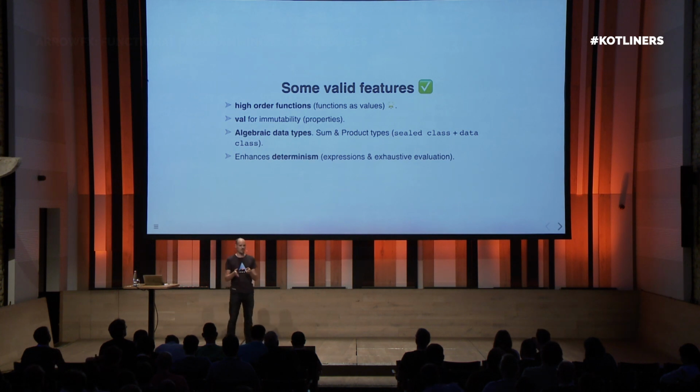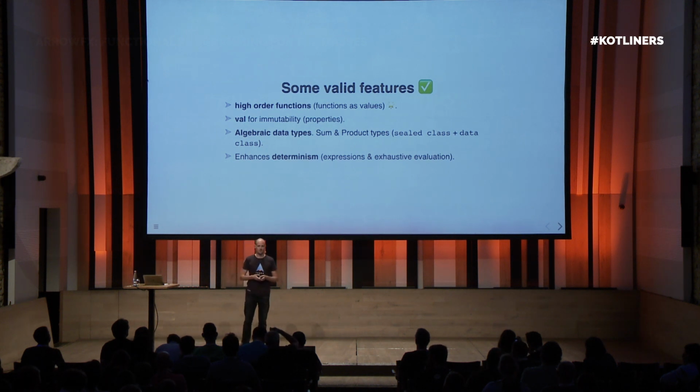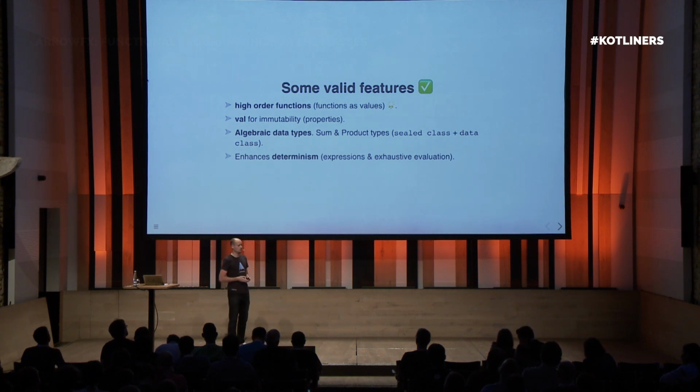The sealed class would be a sum type because it's this scenario where you have a closed hierarchy of possibilities and you need to pick a single one. And the product type is the data class because the data class lives up to its properties, right? So it's like the product of its properties. Those are pretty used in the functional world, so it's really nice to have to achieve what we want.